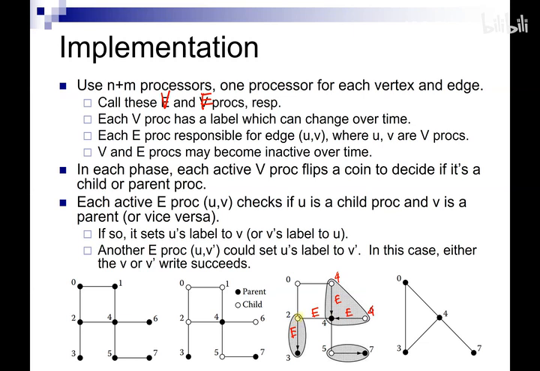So either 3 or 4 can get written to 2's label, and in this case, it so happens that 3 won. So the label 3 got written over here, which means that 2 is now going to point to 3. But it doesn't matter which one wins. We can let an arbitrary one win.